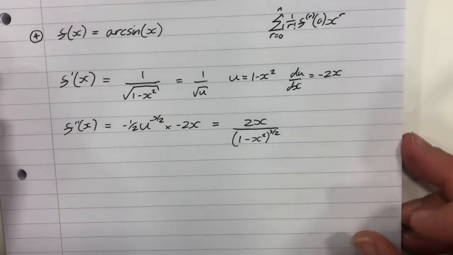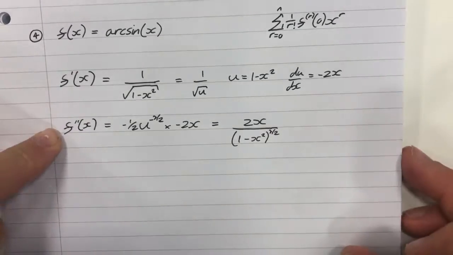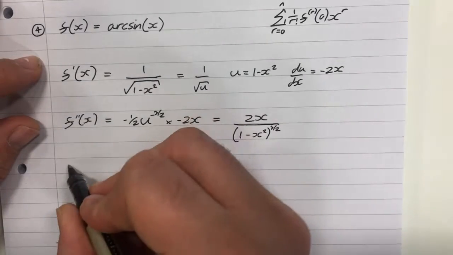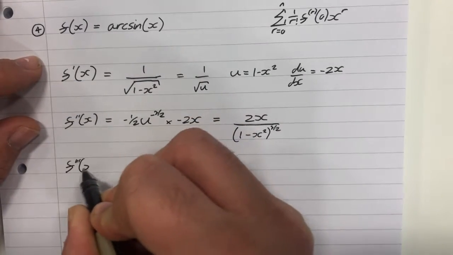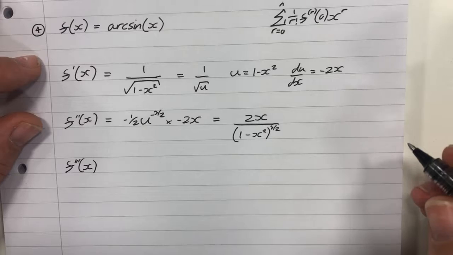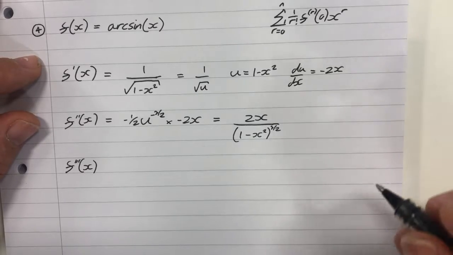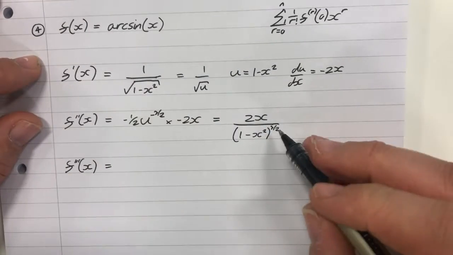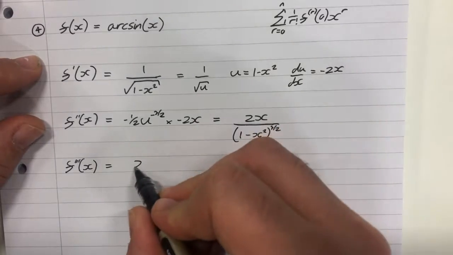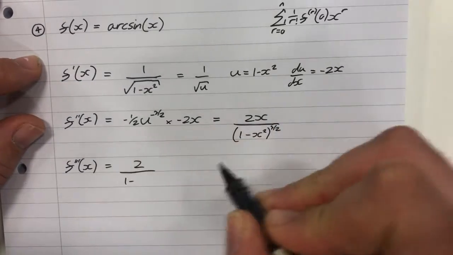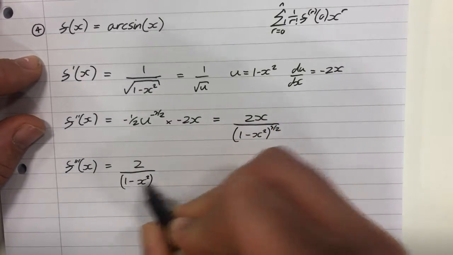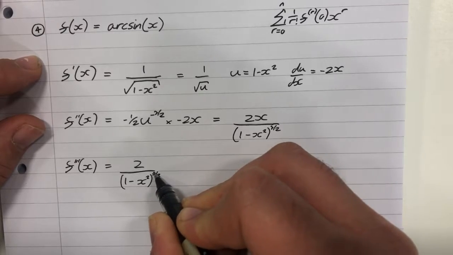I should really differentiate that again, because when x is 0, that's going to be 0, so it's going to be a bit trivial. So I'm going to differentiate it again. F triple dashed of x, and it's going to be the product rule this time. So I'm going to do that times the differential of that, so it's just going to be 2 over 1 minus x squared to the 3 on 2.